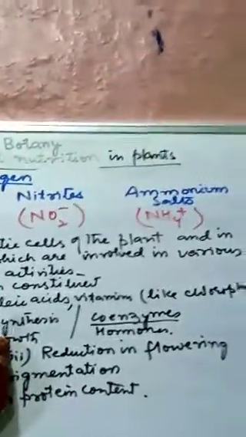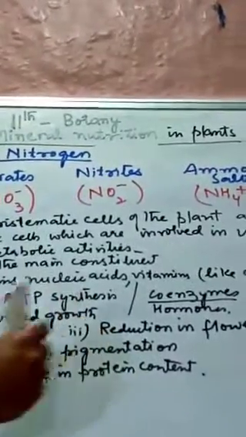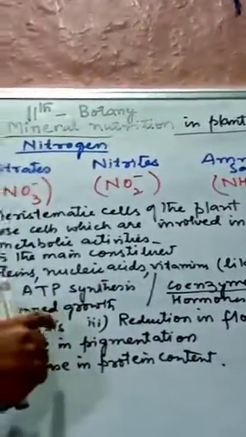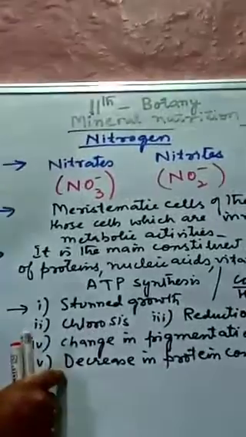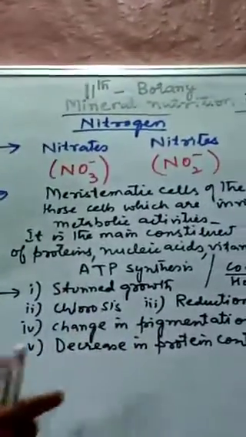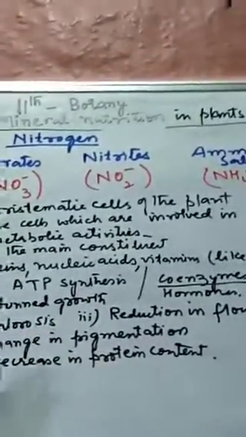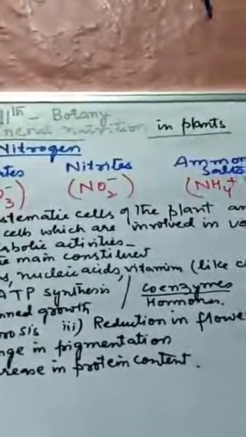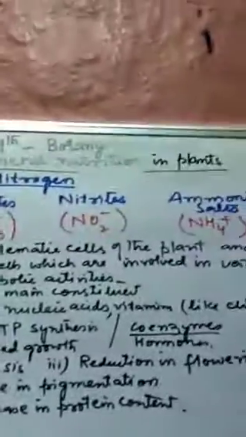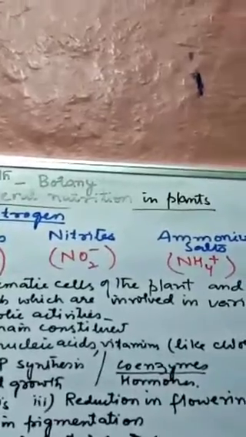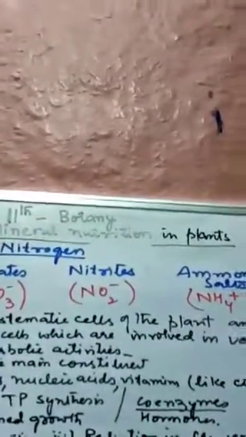First one, there may be stunted growth, there may be chlorosis, there may be a reduction in flowering, there may be a change in pigmentation, and there may be a decrease in plant protein content. This was about nitrogen.